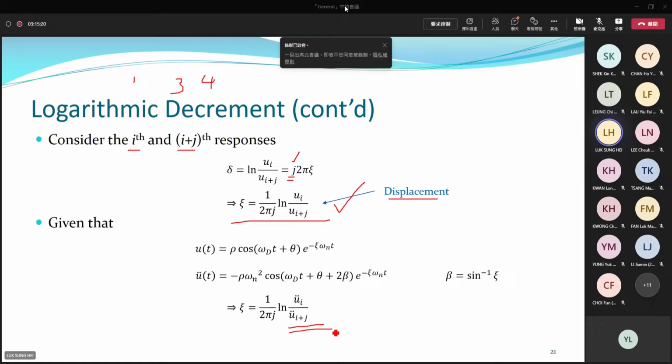They found that for a building, it's easier to measure acceleration rather than displacement. That's why they also give us one equation for accelerations. You can see that the expressions are almost the same, except that you replace displacement with acceleration. You can use acceleration, not only displacement.